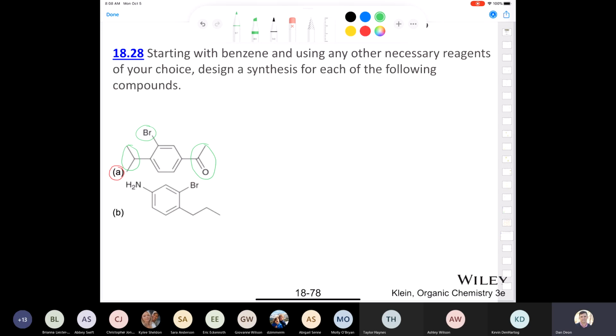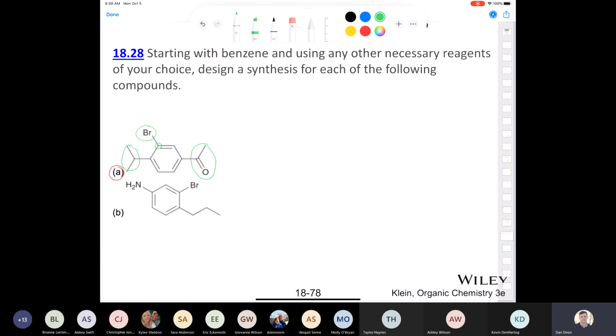So you can think, well, if I had the isopropyl group and the acyl group installed, they're both going to direct to this position, and I can do my bromination using bromine and iron(III) bromide. Sure, no problem. You could do that. But then the question becomes, okay, what order am I going to add that isopropyl and that acyl group in?